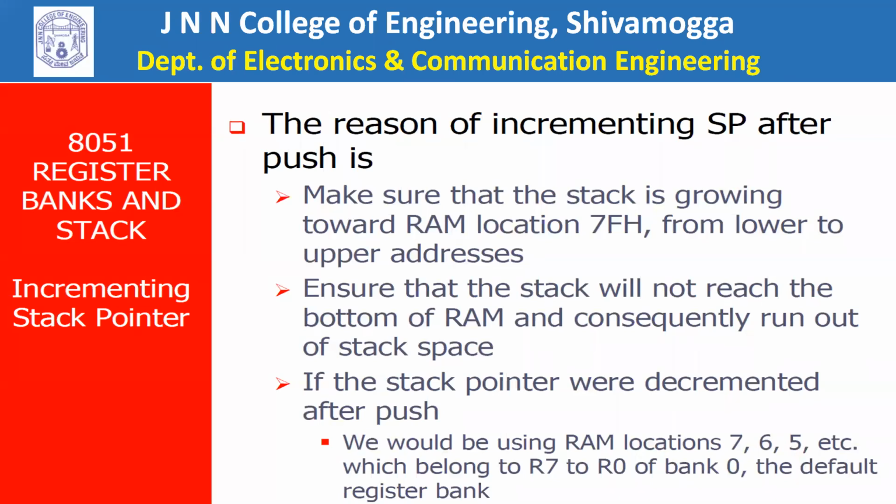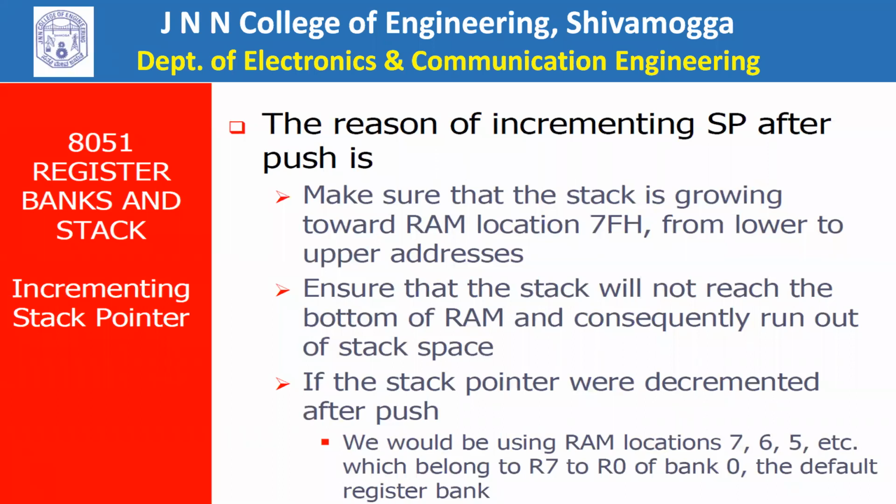If the stack pointer were decremented after push, we would be using the RAM locations 7, 6, 5 etc., which belong to R7 to R0 of bank 0, which is the default register bank. Suppose if you decremented, we would be using bank 0, so we cannot use that.